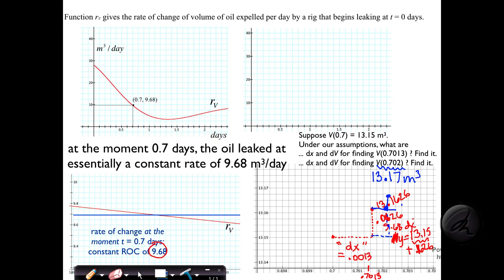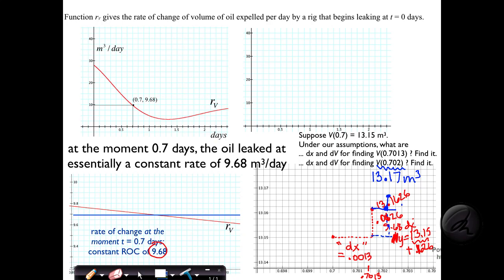Now, the problem we run into is that this is kind of tedious. As you can see, there's a lot of little computations. So what we'd like to be able to do, instead of picking a lot of random times and needing to know something really nearby, is to have a way to start from the beginning, whatever the beginning is, in this case when the oil started spilling, and maybe make a regulated sort of every so often.